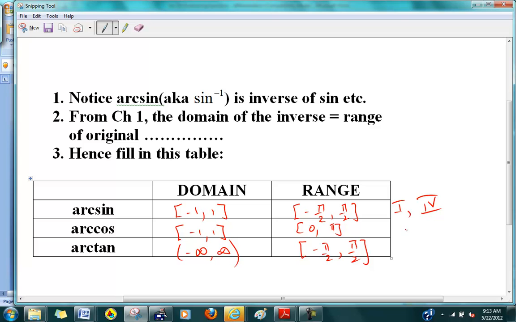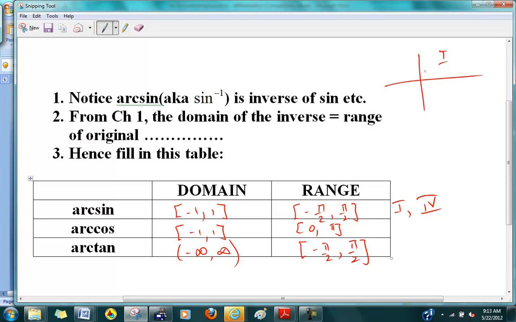Sorry, 2 and 3. Rachel? Okay, let's go through this.